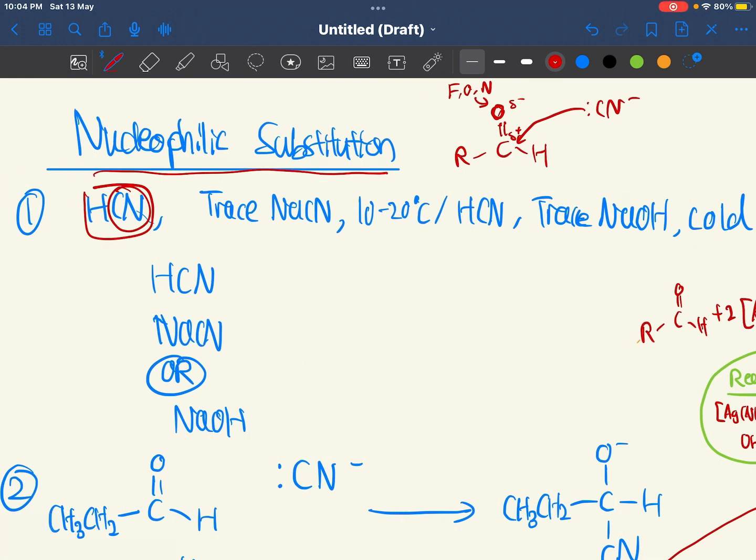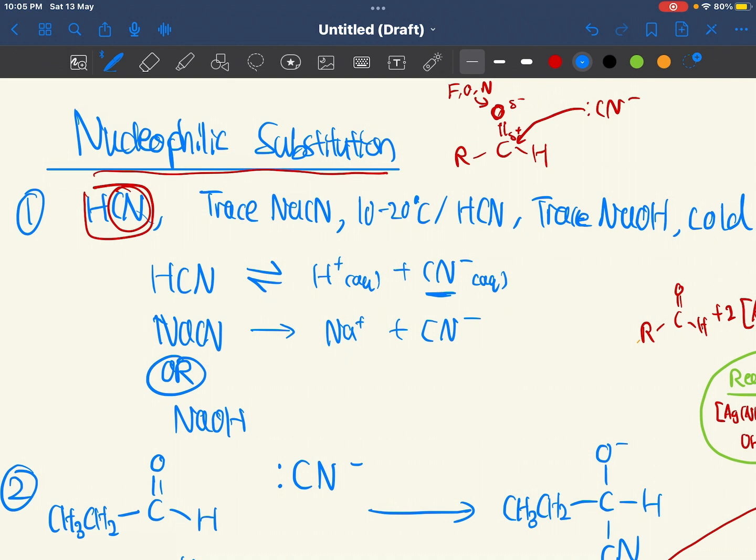So over here, our step one is we're going to show the dissociation of hydrogen cyanide. So we have H+ and CN-, you don't really need to show the state symbol, but it's basically it. It's a weak acid, so it's going to dissociate partially. So we don't want to just have very small amounts of our nucleophile, so we're going to add more, right? One of the ways we can add more is using NaCN, which can dissociate into Na+ and CN-.